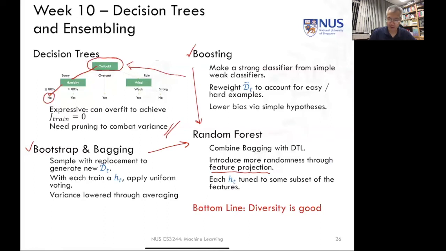This would help us to make sure that we would have a large diversity of hypotheses generated, since in decision tree learning, many times the same important node would come out at the top, and without feature projection, random forest fails to work. The bottom line from all of these topics in ensembling is that a diversity of different learners tends to help.